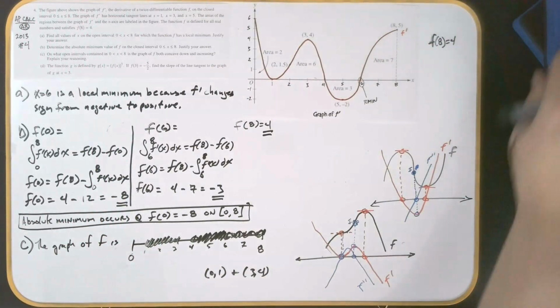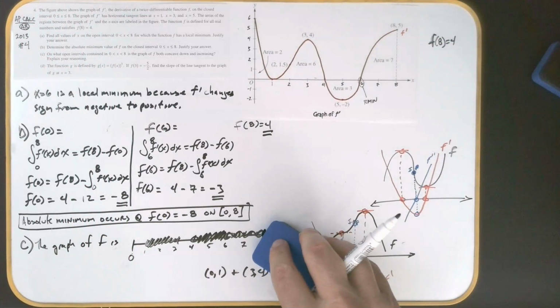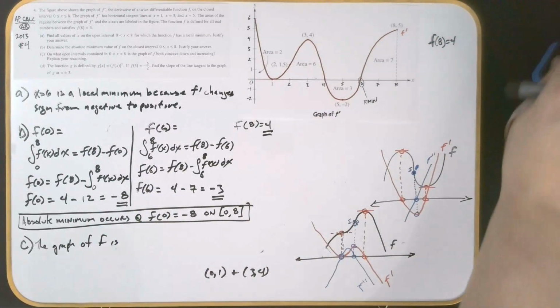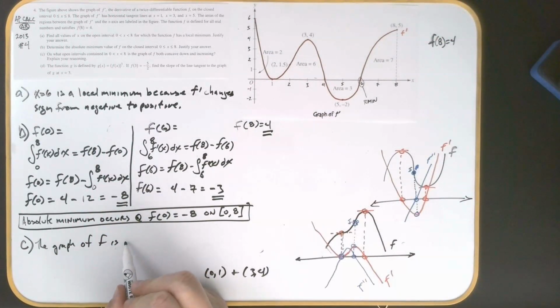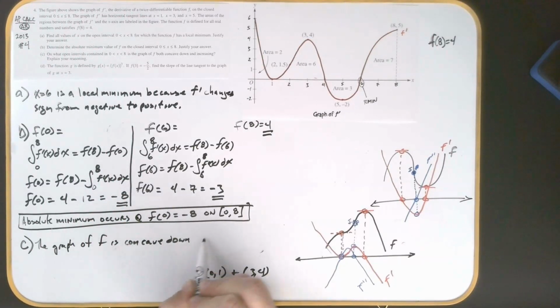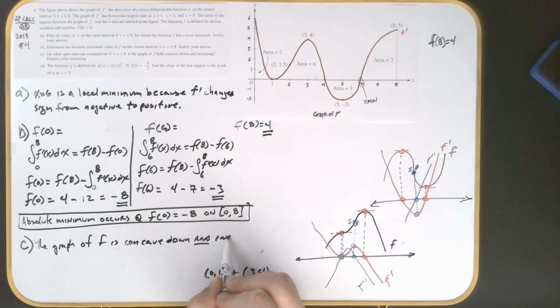But I'm going to erase that so I have the space here. Okay. So the graph of f is concave down is the restriction. It is concave down and increasing.